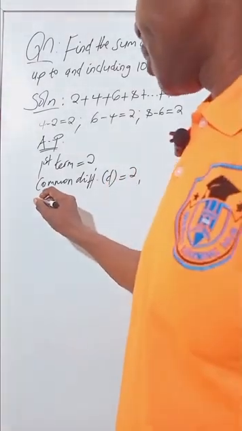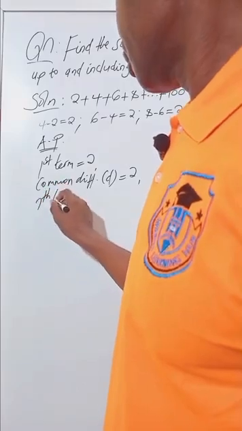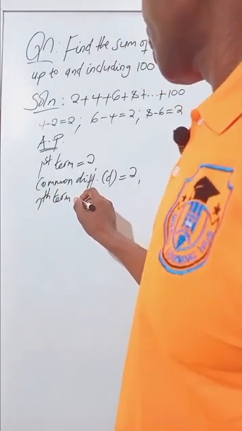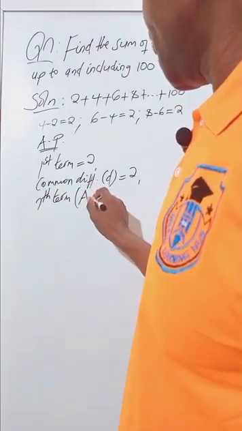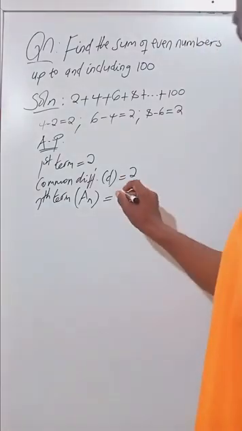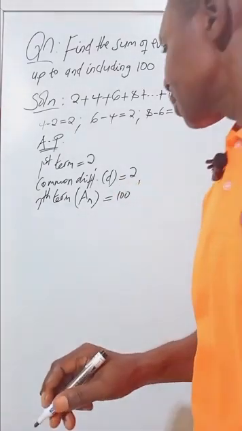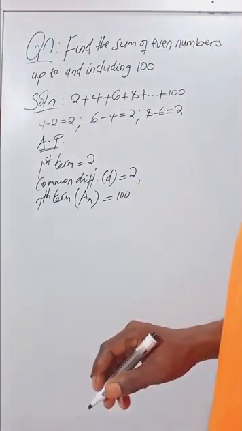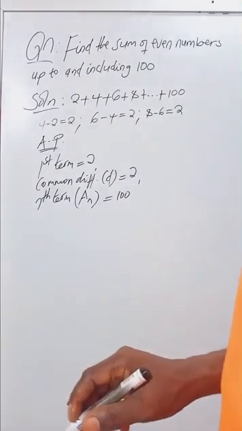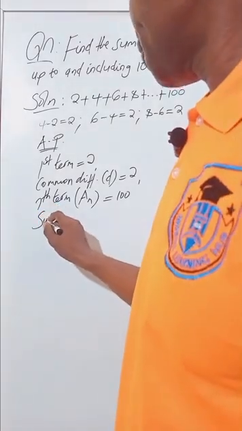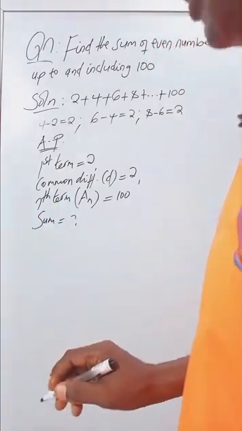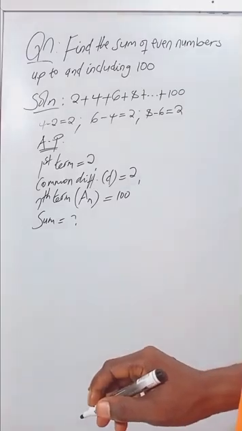Then our nth term, the last term, I would call it a_n, is equal to 100. What you're supposed to find is the sum. Which formula do we use for summation for an AP?